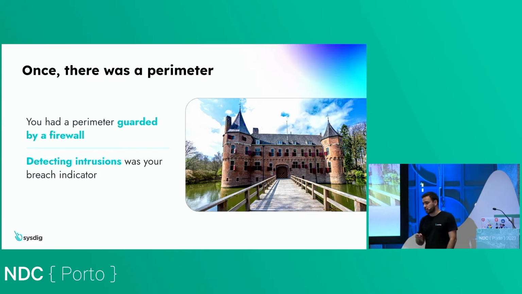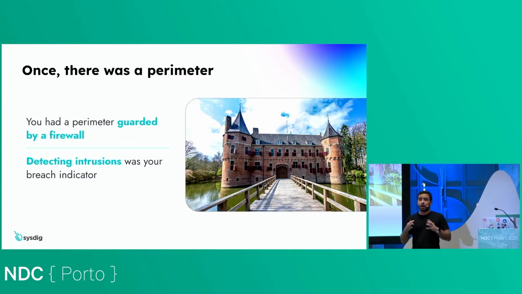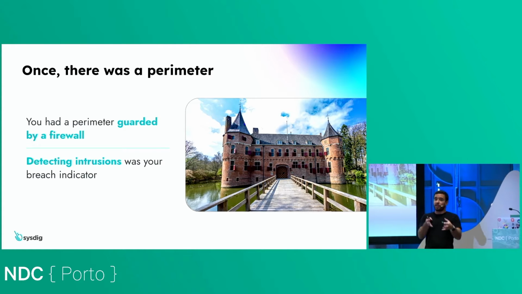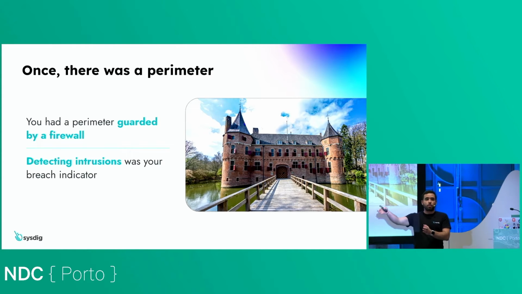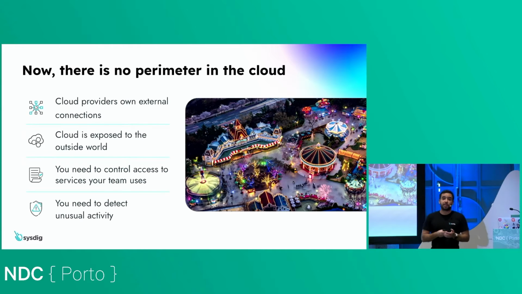So starting with cloud security. Once upon a time, there was a perimeter, right? We could think about the application being within a castle, within the data center, and all we needed to care about was a bridge that people would use to get into your network, get into your system. So securing the bridge, or securing the perimeter, was all that you needed to do. But things have changed.